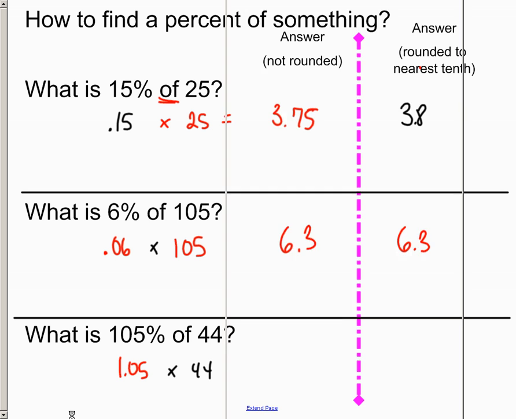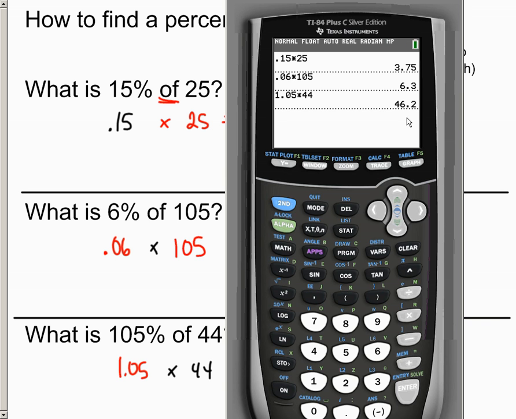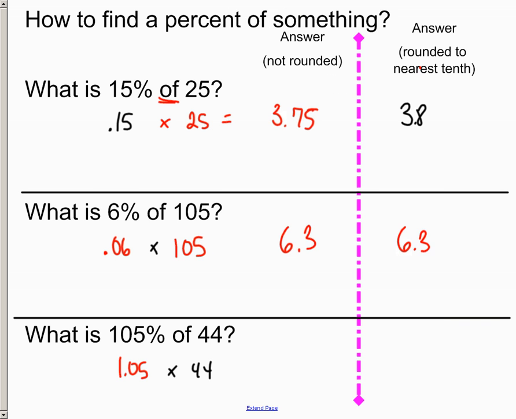So let's see what we get. 46.2. Why is it bigger than 44? Because we're doing more than 100%, so it has to be bigger than the number itself. It's got to be 44 plus a little bit more on top. And again, if they said round to the nearest tenth, we would just keep it the same at 46.2. 3 more.